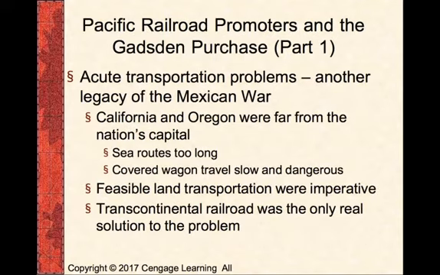The Mexican-American War also brings up another problem here in the United States, and that is the issue of transportation problems.